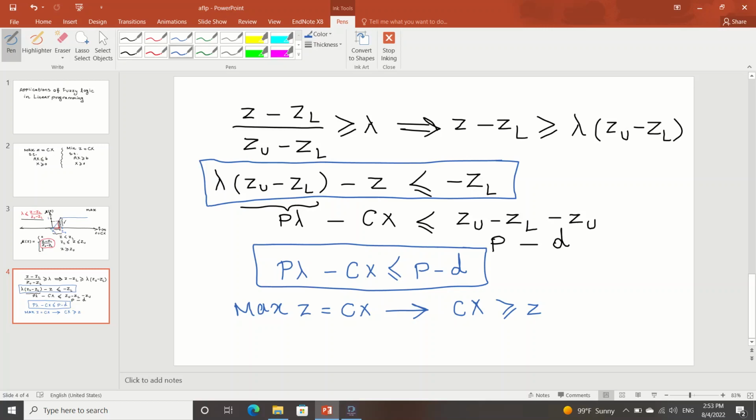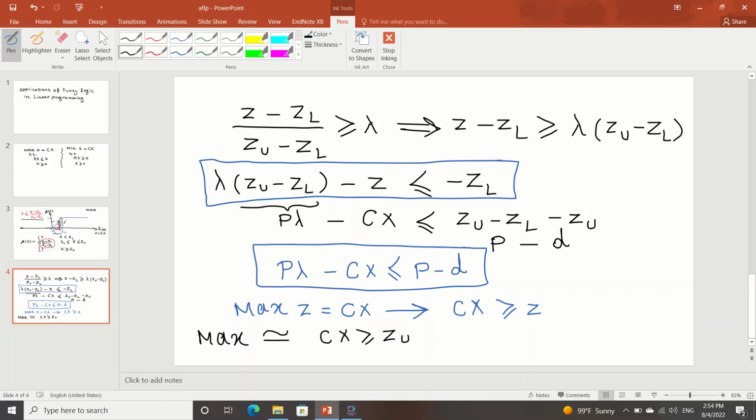So after that, we can say that the maximum objective function is equivalent to Cx greater than Z upper, the upper bound for Z, which previously we assumed to be the optimum solution for the objective function.